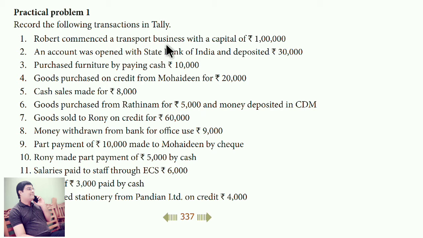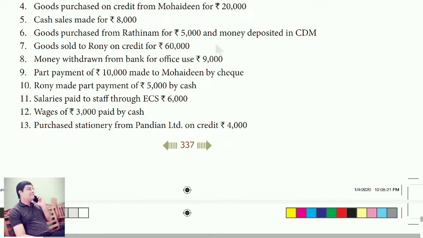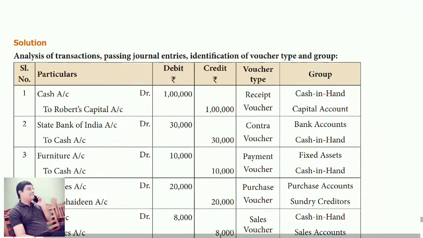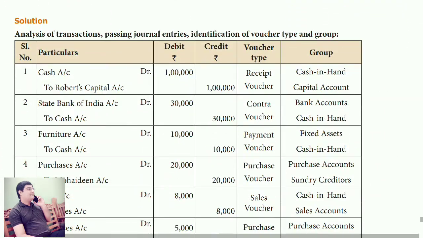Robert commences a transport business with a capital of rupees 1 lakh. So the journal entry is cash account debit to capital account. See here, you have to take a ledger, a double new page.